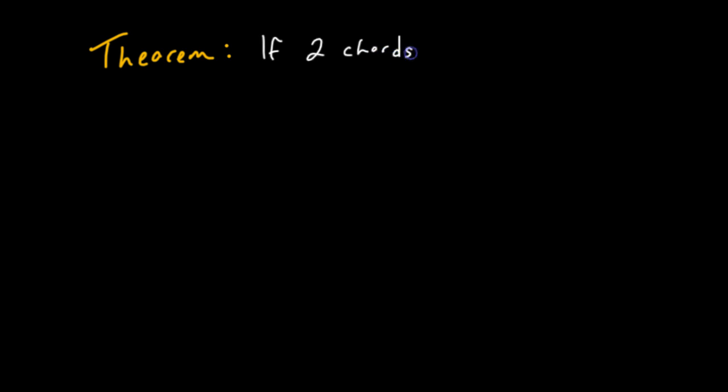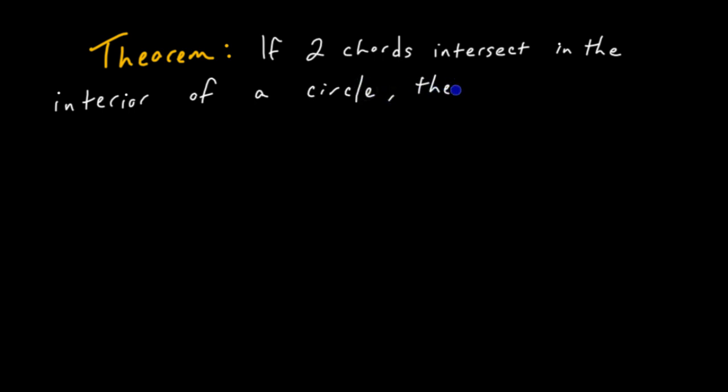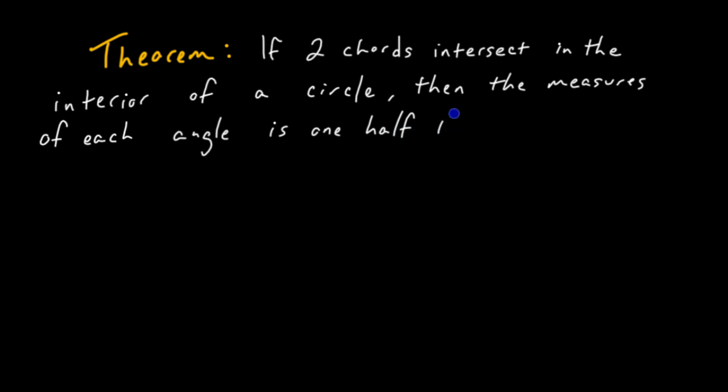So if two chords intersect in the interior of a circle, basically any two secant lines that intersect inside a circle, then the measure of each angle is 1/2 the sum of the measures of the arcs intercepted by the angle and the vertical angle.